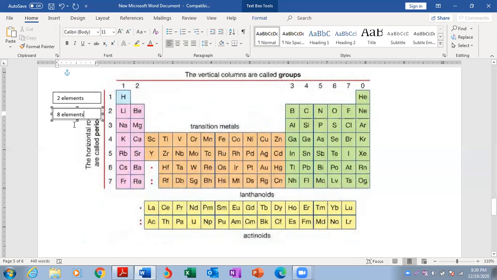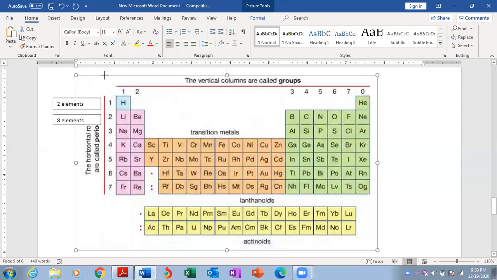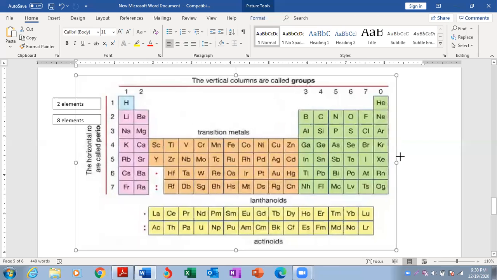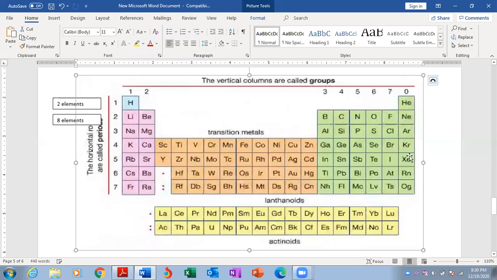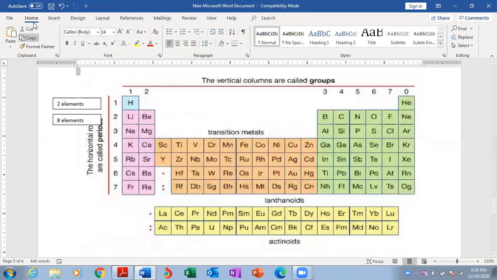Okay, now the third one. Now tell me, what is the structure of the third one? I'm moving from this side to this side. Now tell me, the third period. The horizontal.